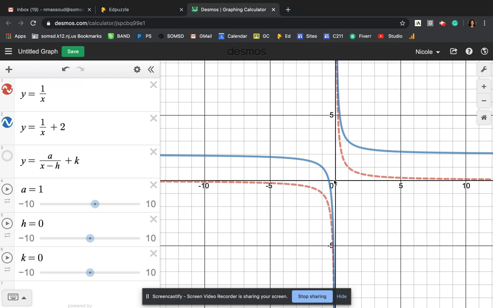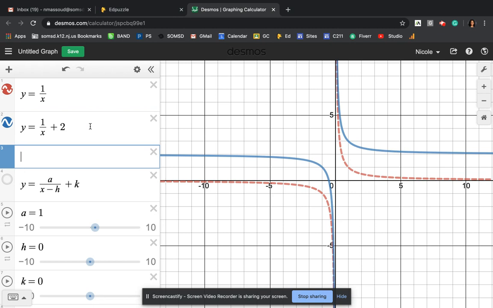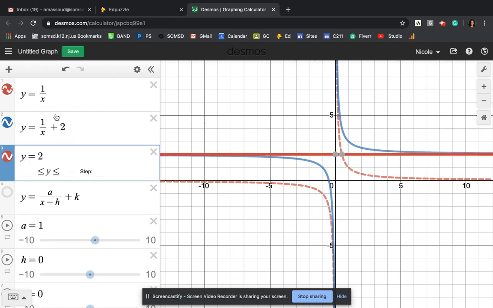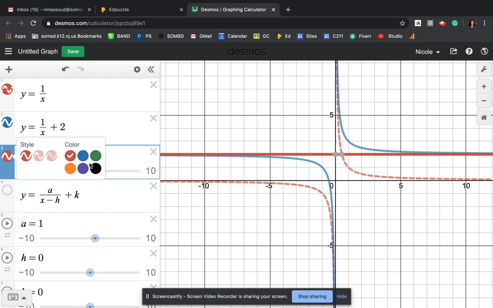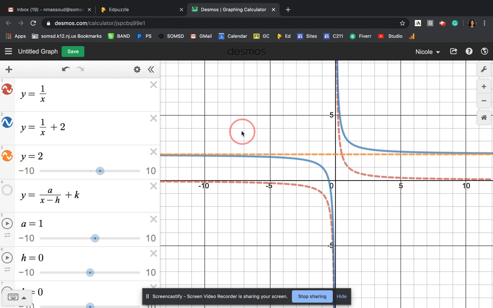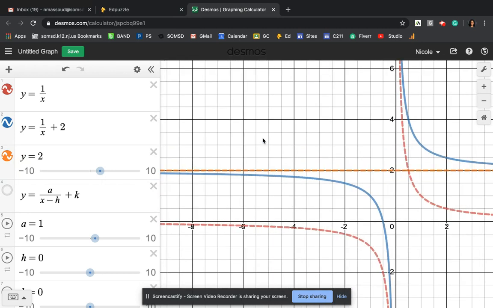Now, is y equals 0, so the x-axis, is that still the asymptote? No, because look, it crosses the x-axis here. So it's not an asymptote. Where did my asymptote go? Well, my asymptote also moved up 2. So technically, y equals 2 is my new asymptote.